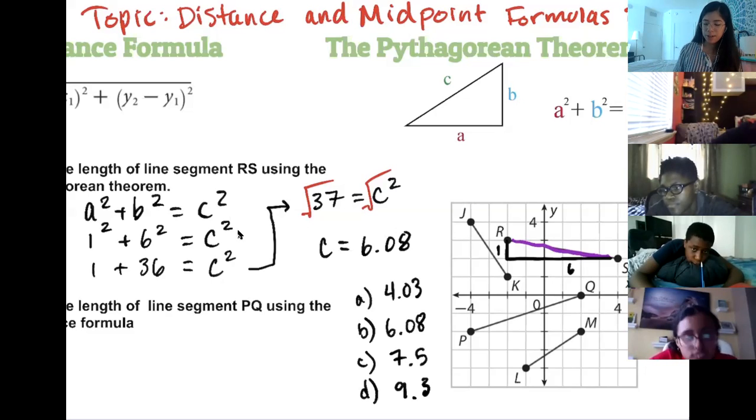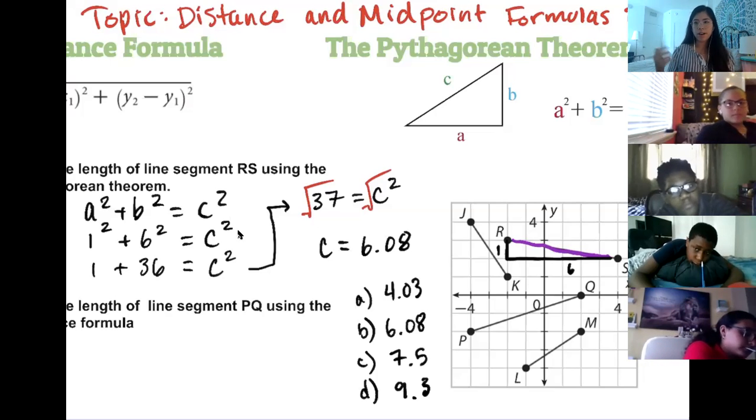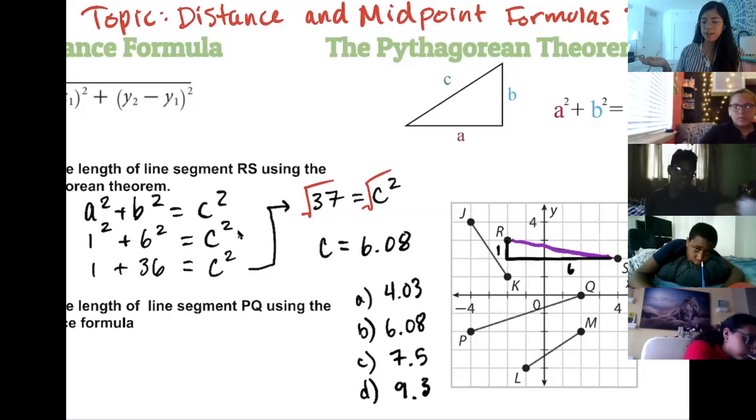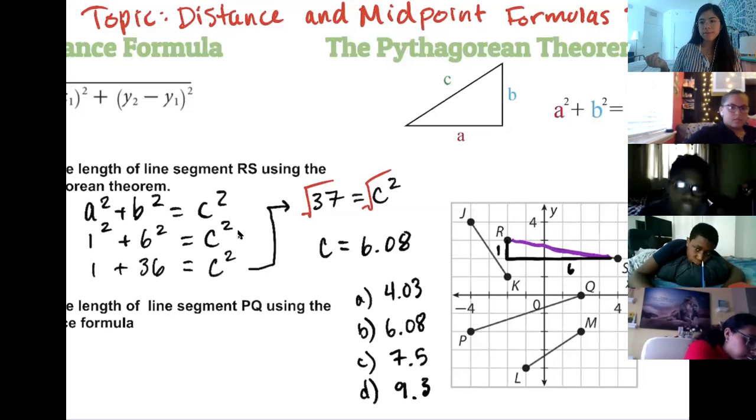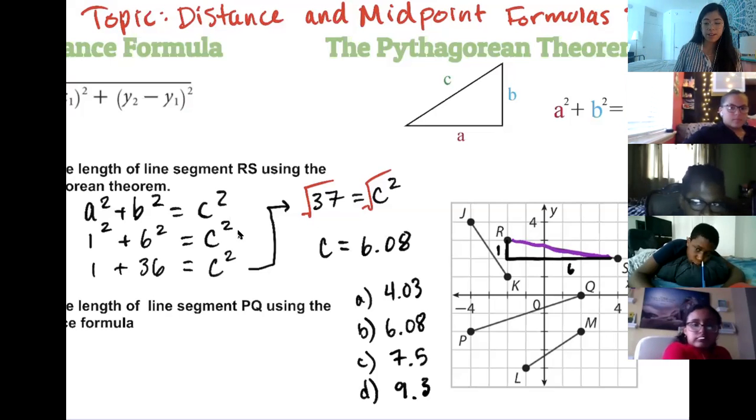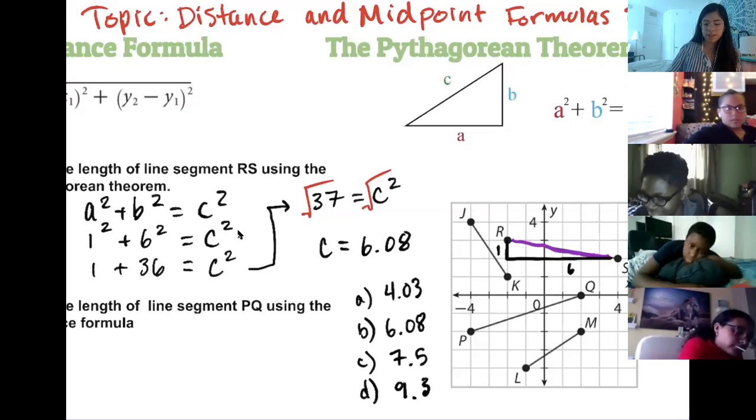So basically what I'm trying to say is the square root of 37 is going to be close to the square root of 36 because it's only one number off. And we know that the square root of 36 is what? 6.